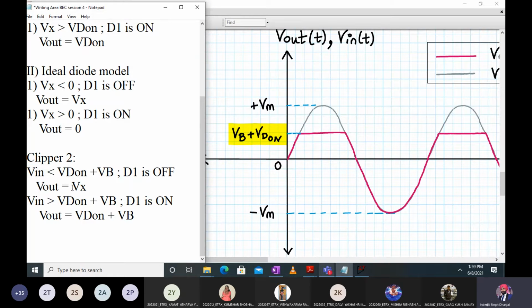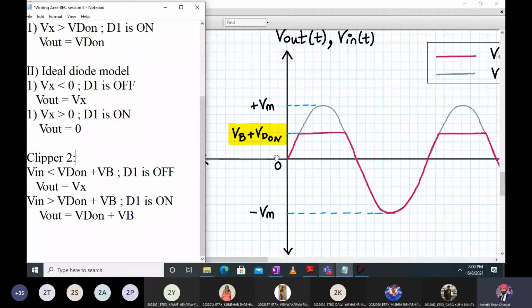My Vin, if it is greater than the VD on plus VB value, so the DC level has been shifted. We can say this is the DC level, right? Where VB plus VD on is a constant value, and a constant value is a DC. VB is a DC voltage, and VD on is also constant. We are assuming it to be a constant.